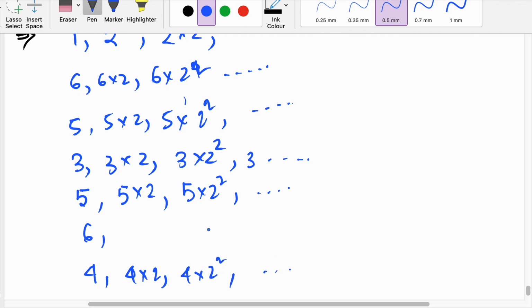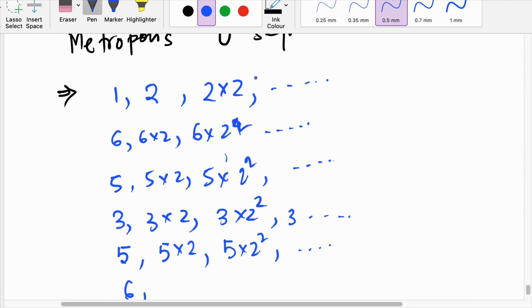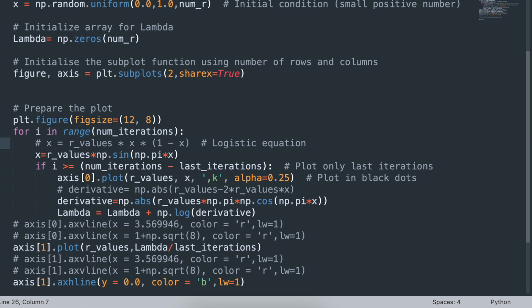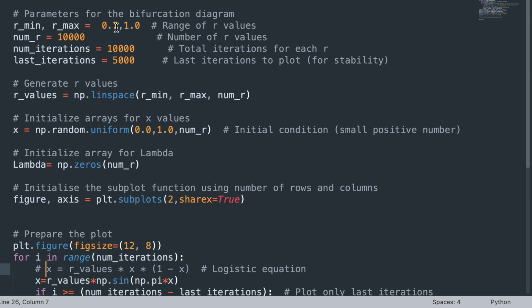So this is the Metropolis sequence, and you will see this sequence actually follows everywhere where the period doubling orbit of chaos appears. So let us see for the case of the logistic equation.